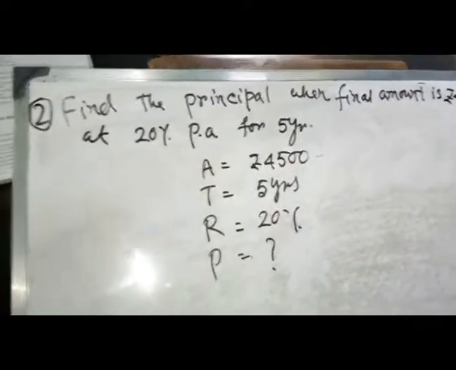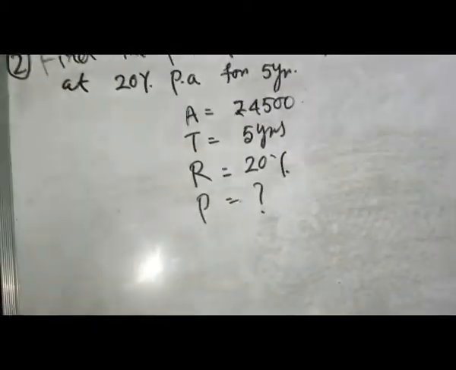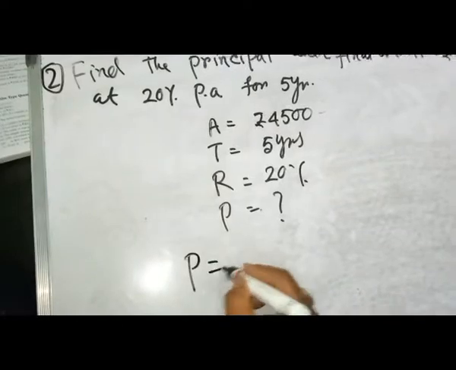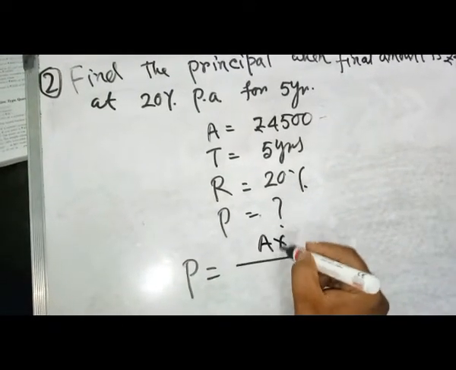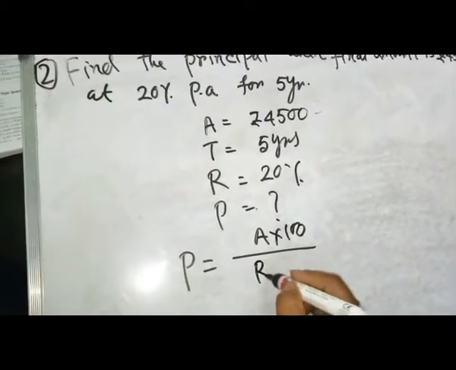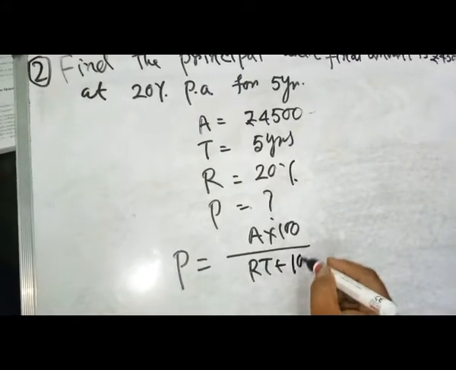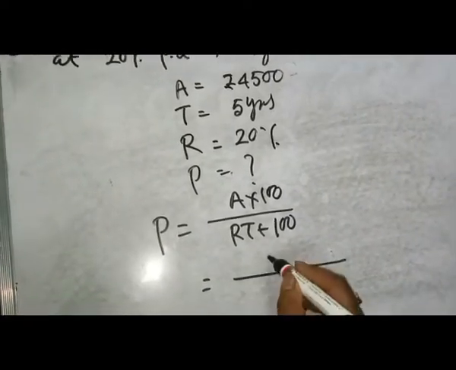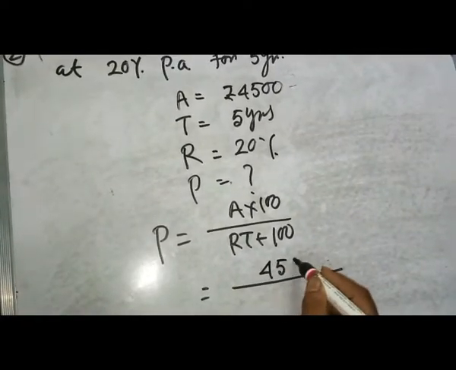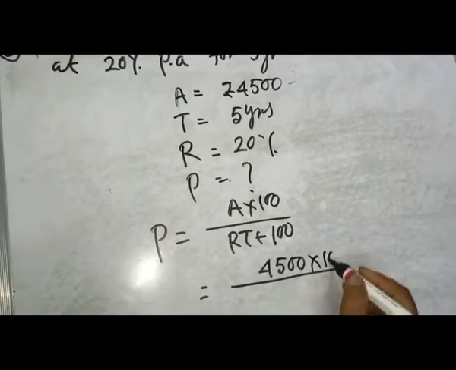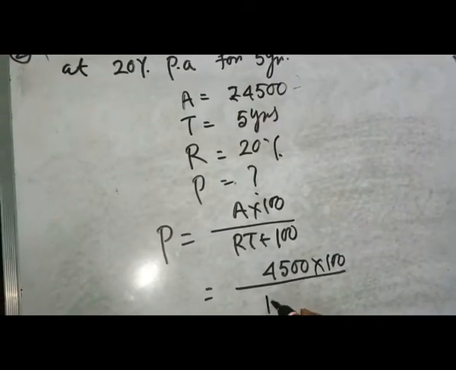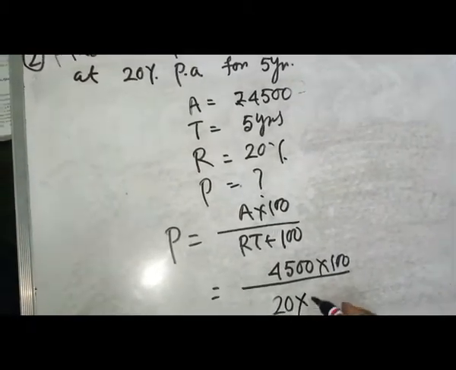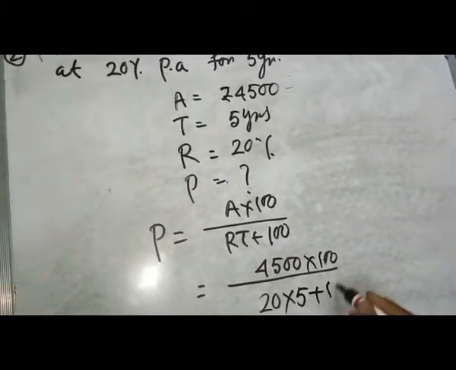There are many ways to find out the sum, but the simplest way is to use a formula. The formula for principal is A into 100 by RT plus 100. So here A equals 4500, A stands for amount, into 100. RT means rate equals 20, time equals 5, plus 100.